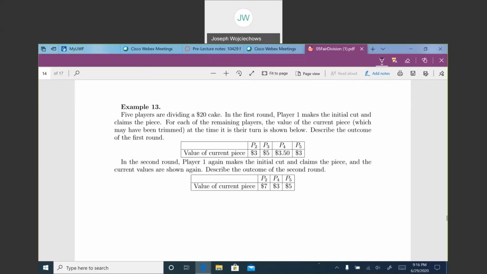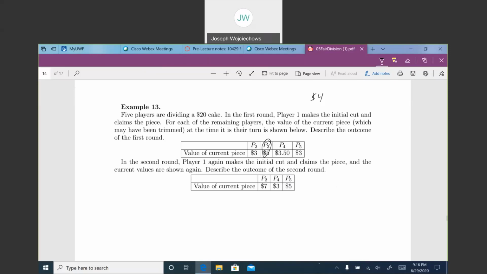Keep in mind there are 5, so the value of a fair share is $4. So player 2 passes. Player 3 thinks it's worth $5, so player 3 trims and sends it on. Worth $3.50 to me, and player 5 says $3. So player 3 would get this.